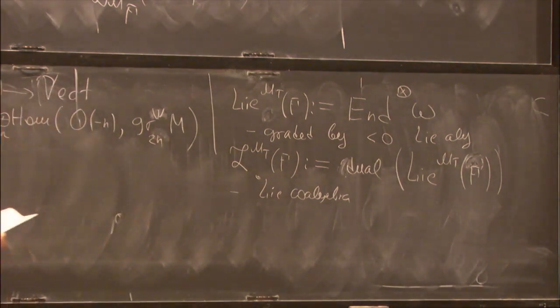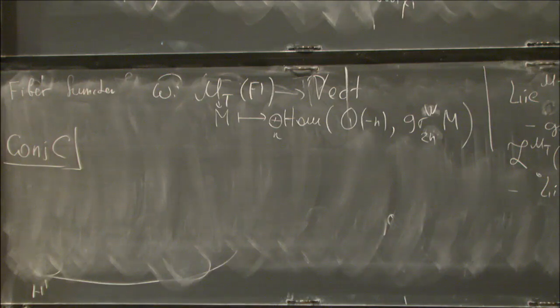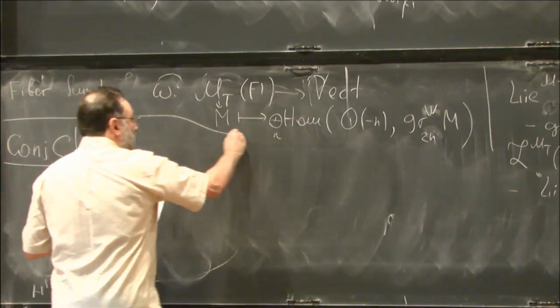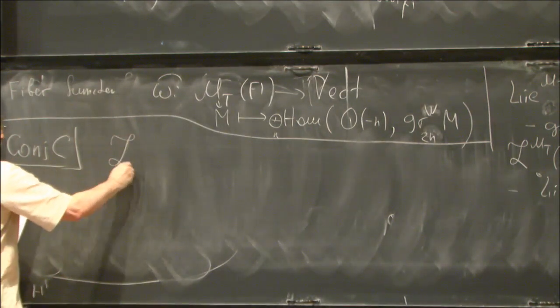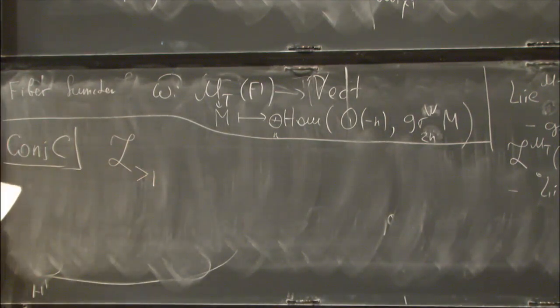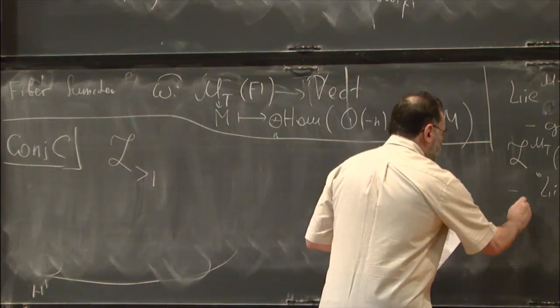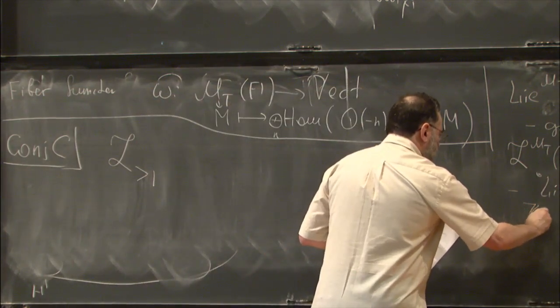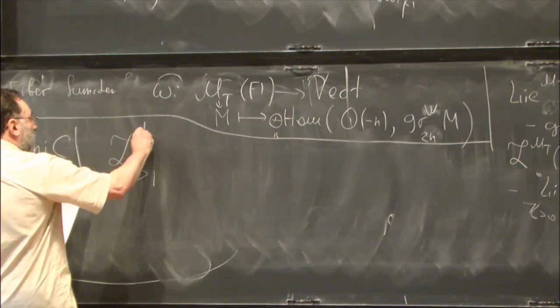Okay. Now the conjecture, which is actually now equivalent to conjecture A, is conjecture C. It tells something about this motivic Lie algebra. If you take L where grading is bigger than 1, then this will be some part of this motivic Lie algebra, because this guy is graded by integers which are in Z bigger than 0, including 1, but I take the part which has degree bigger than 1.